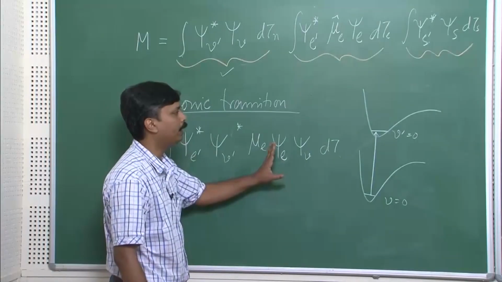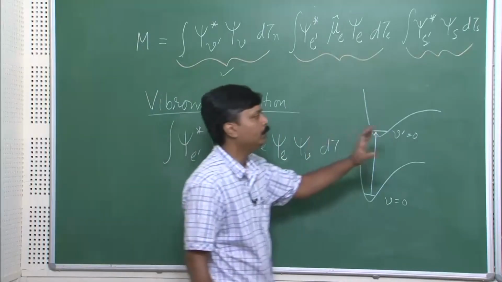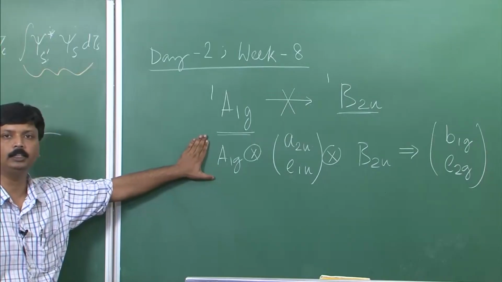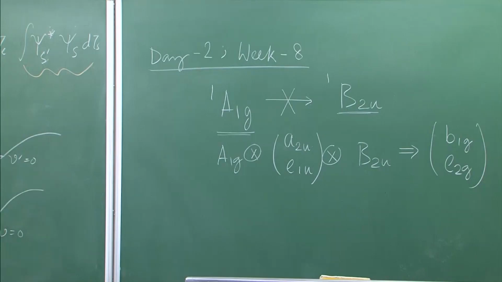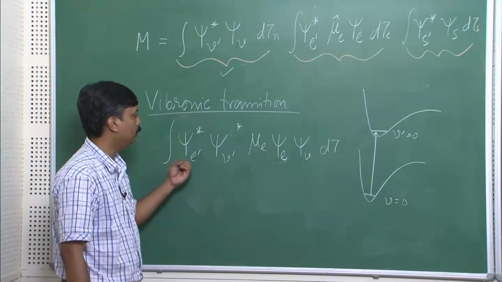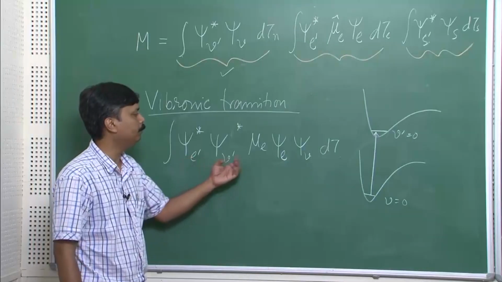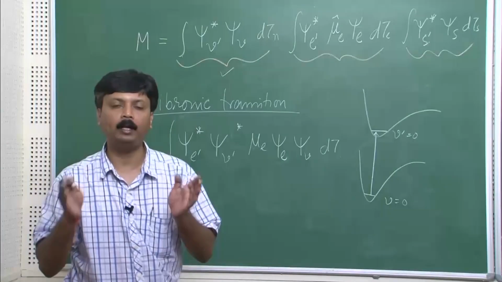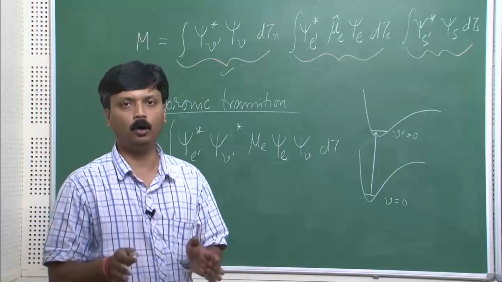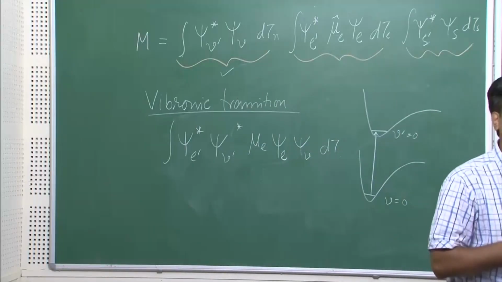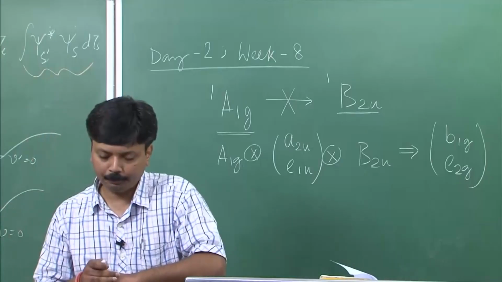Rest of the things are exactly similar to what we did in the case of purely electronic orbital transitions, right? So all I have to do is worry about the irreducible representation according to which each of these functions transform, and take the direct product and try to find out whether or not the totally symmetric irreducible representation is contained in the result or not.